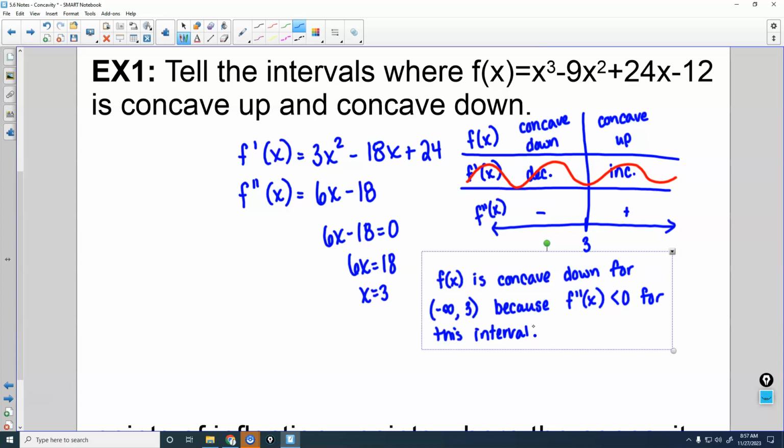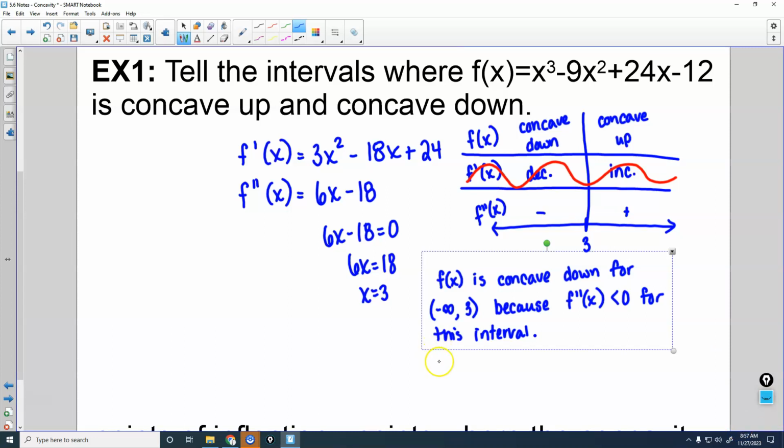You cannot say f prime of x is negative because f prime of x is not necessarily negative on that. So f prime of x is decreasing. Yes, you can say it. F double prime is negative is perfectly fine.